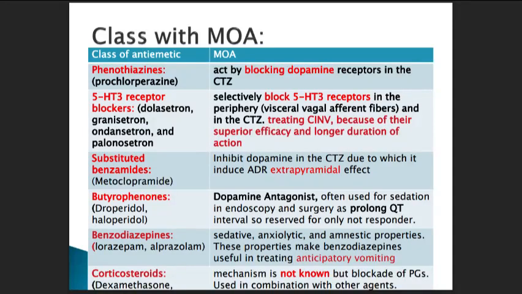So in the first class, I have explained that phenothiazine, and the example of phenothiazine is prochlorperazine. If you are unable to write, don't write. I will give the complete slide after complete discussion. Okay. Phenothiazine, which is including prochlorperazine.